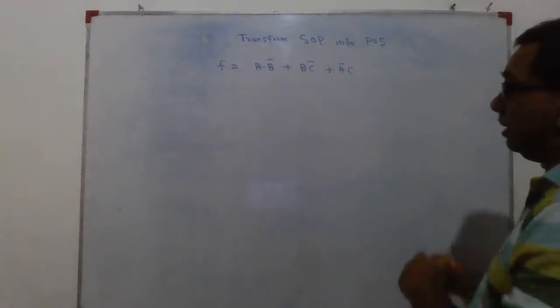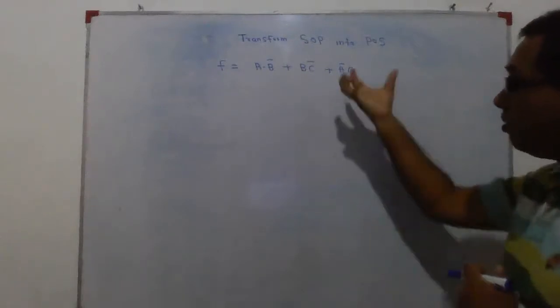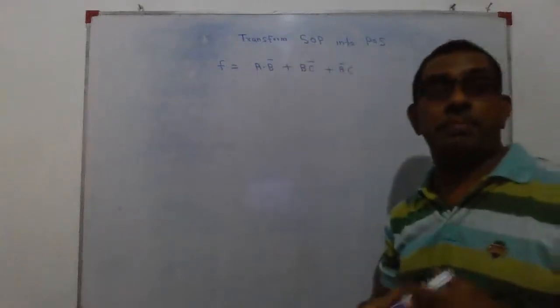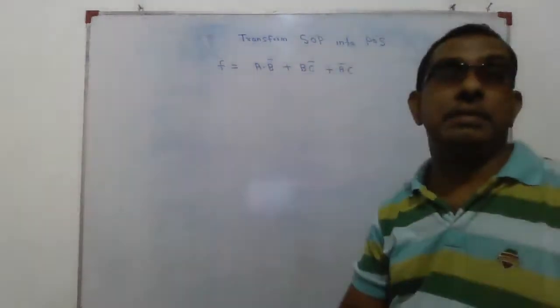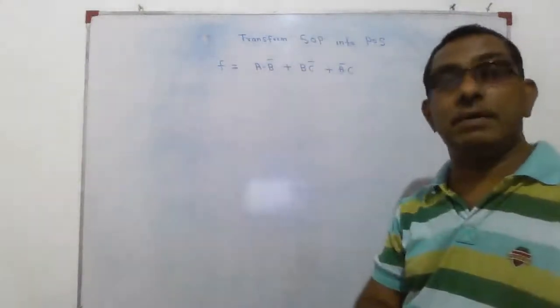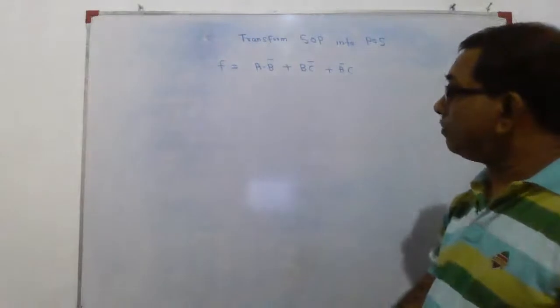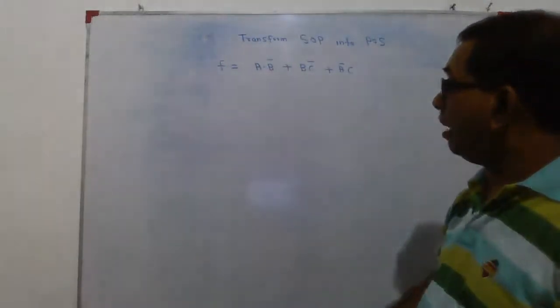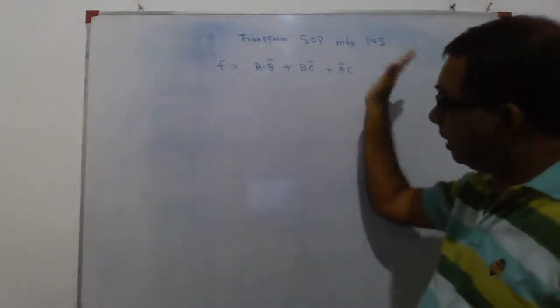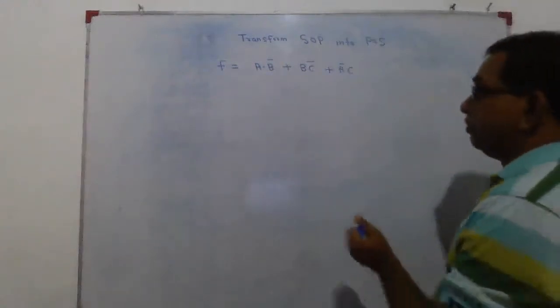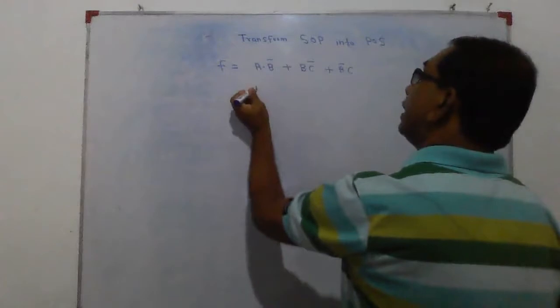First thing is, if you want to convert this statement into a POS statement, or the product of sum statement, you have to get the complement of the entire statement. So what you are going to do, you write the statement again.